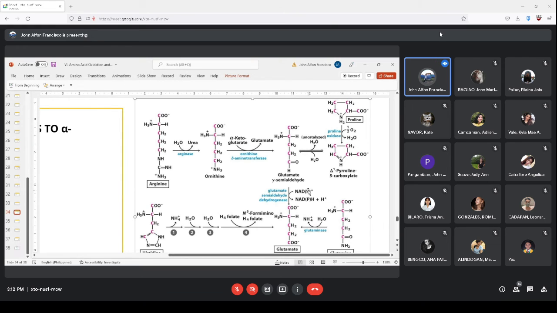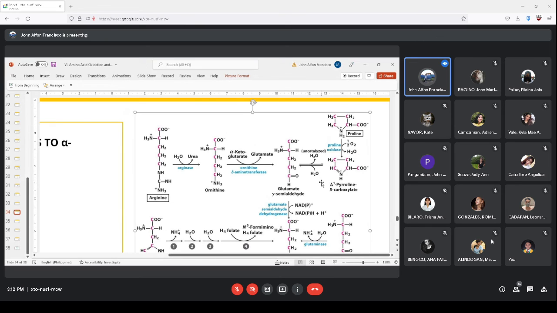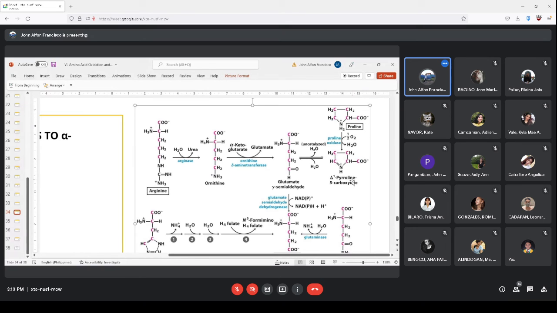Now you have your glutamate semialdehyde, and it can be converted to pyrroline 5-carboxylate by just internal formation of pyrroline. For proline, we just remove the water to form this pyrroline.